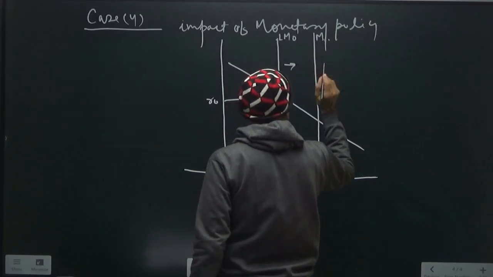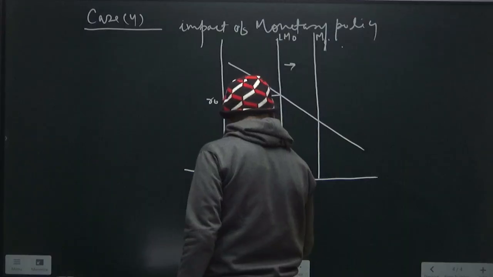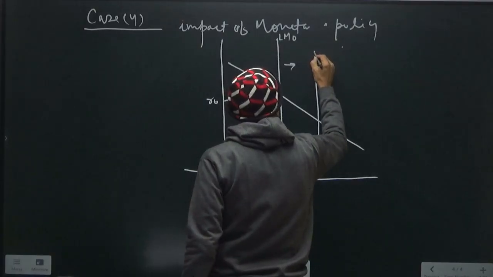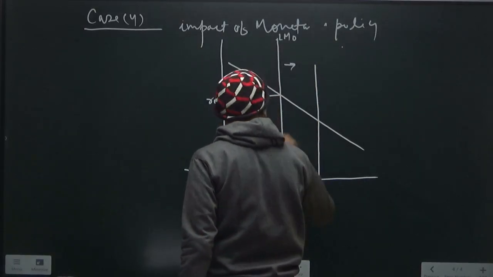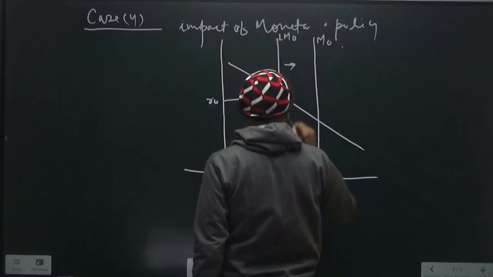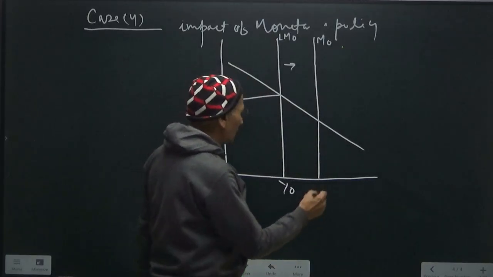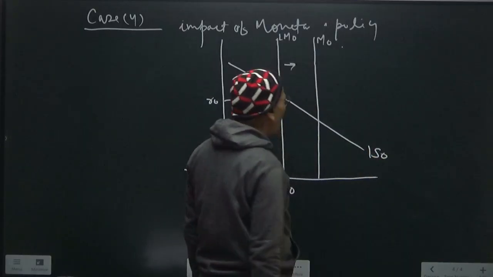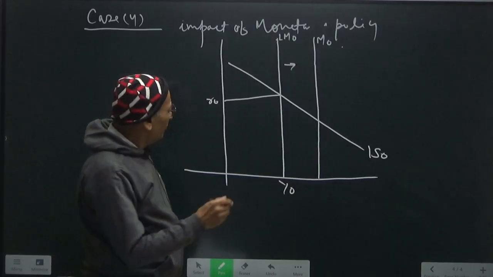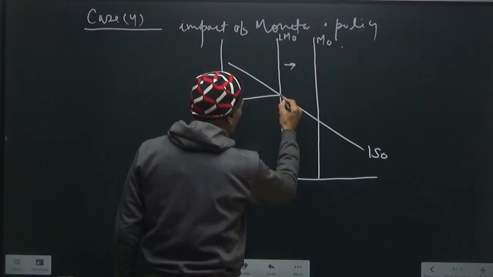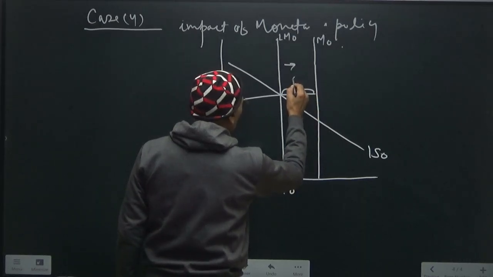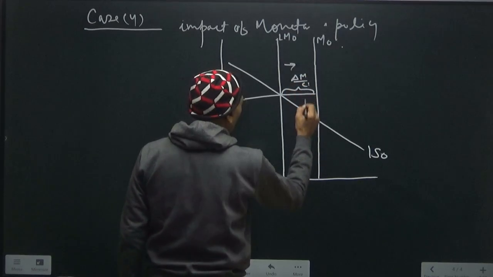This is M1. What will be its impact? This will increase by delta M by C1.